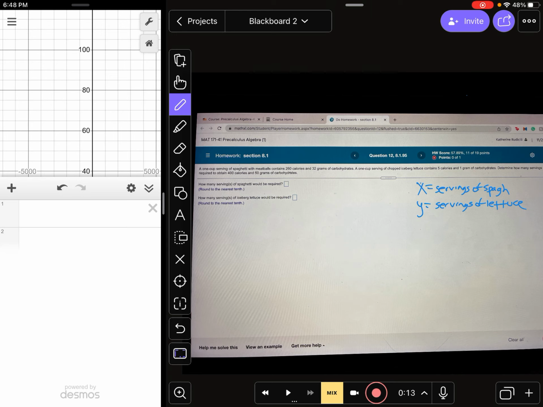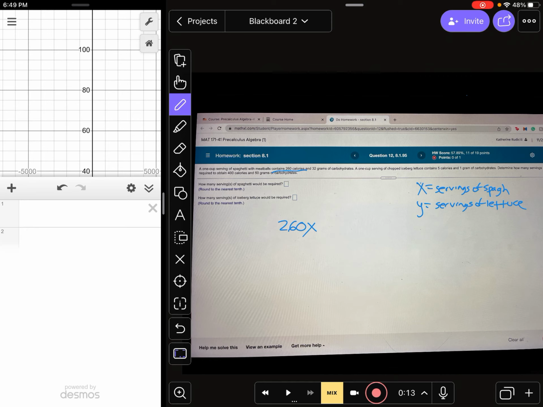Okay. Now, I know that for the spaghetti, it has 260 calories per serving. So that would be 260x. That's how many calories would be in the spaghetti, depending on how many servings you have, 260x.